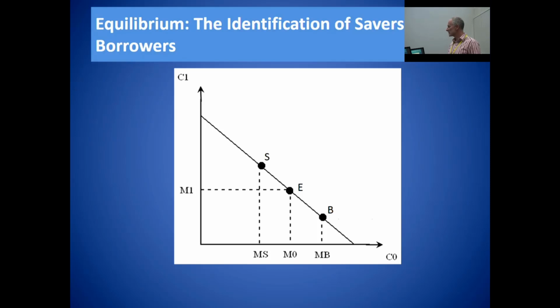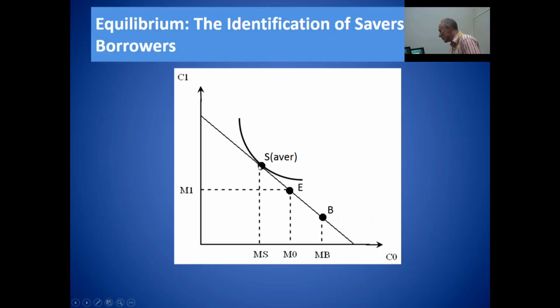So if we represented consumption in the present and future with a conventional set of indifference curves, if this highest possible indifference curve was at a point such as S, if that is to the left of the initial endowment point, that means this consumer, given his tastes and preferences, would like to be a saver.